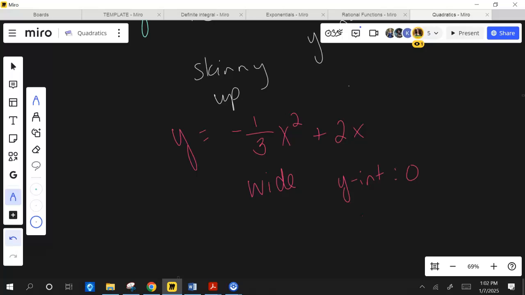And I can always throw a plus 0 on there and it keeps the same value. What else do you know? Wide and down. That's right. Negative is sad. It's a very sad little parabola. Actually, a very sad, big parabola. Could be wide.